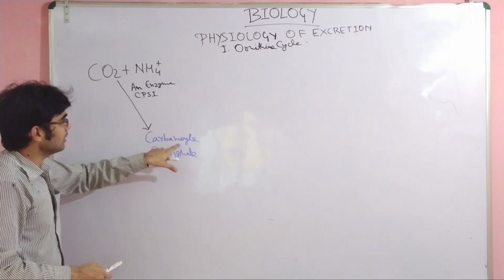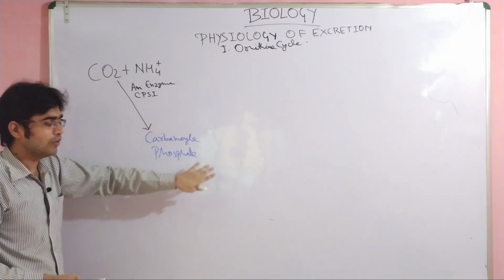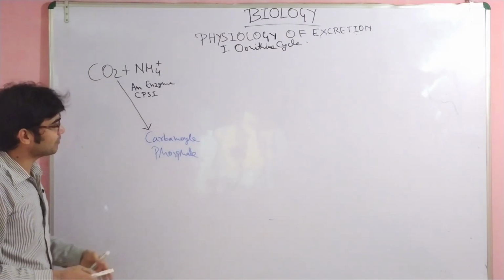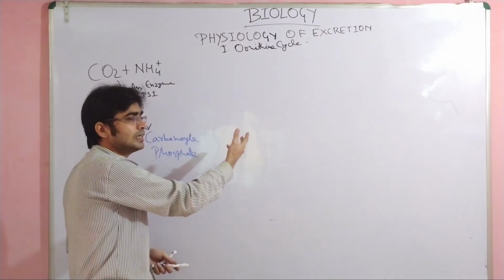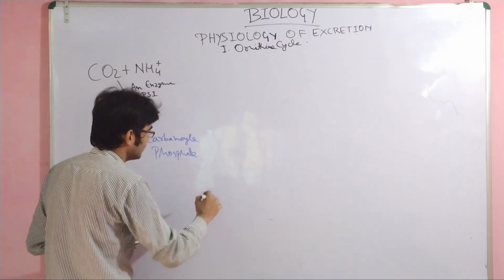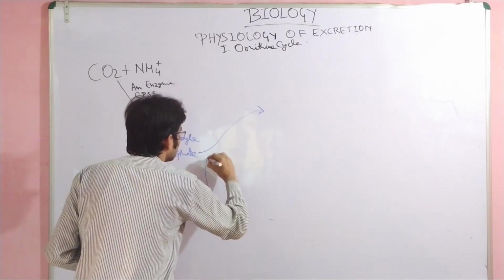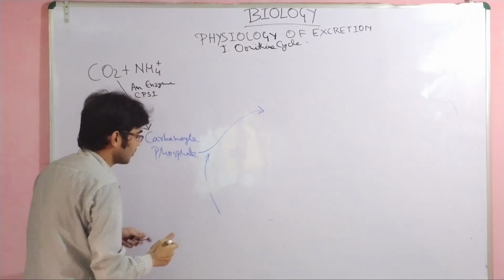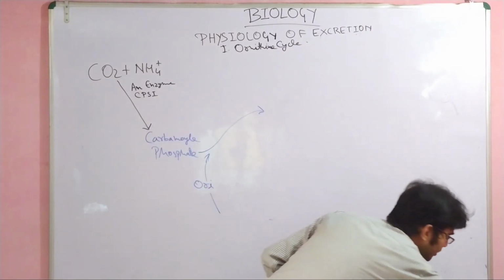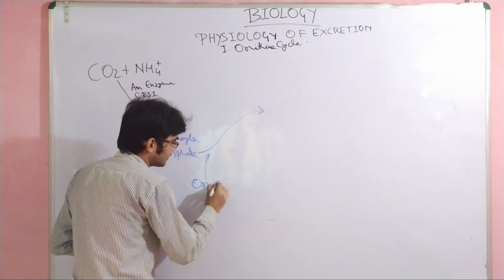Now the carbamoyl phosphate combines with the amino acid ornithine, and then forms another product called citrulline. So here I am going to write ornithine.